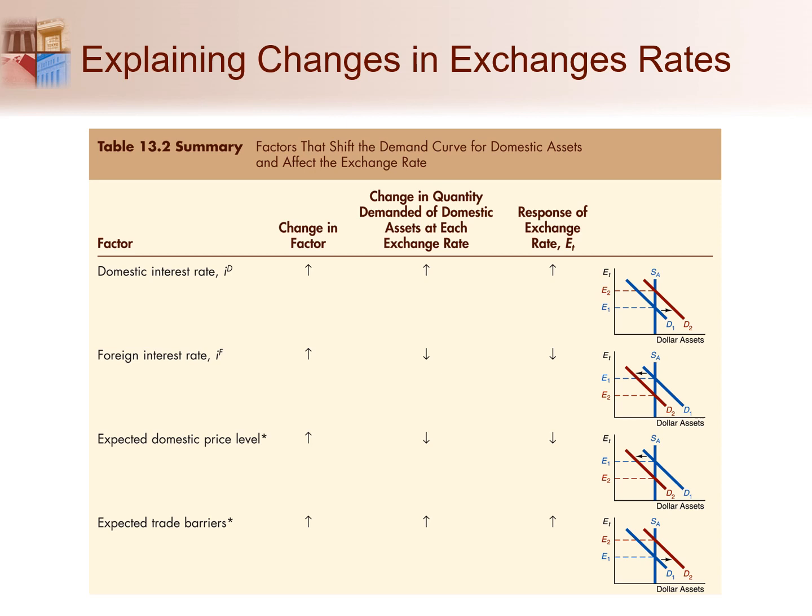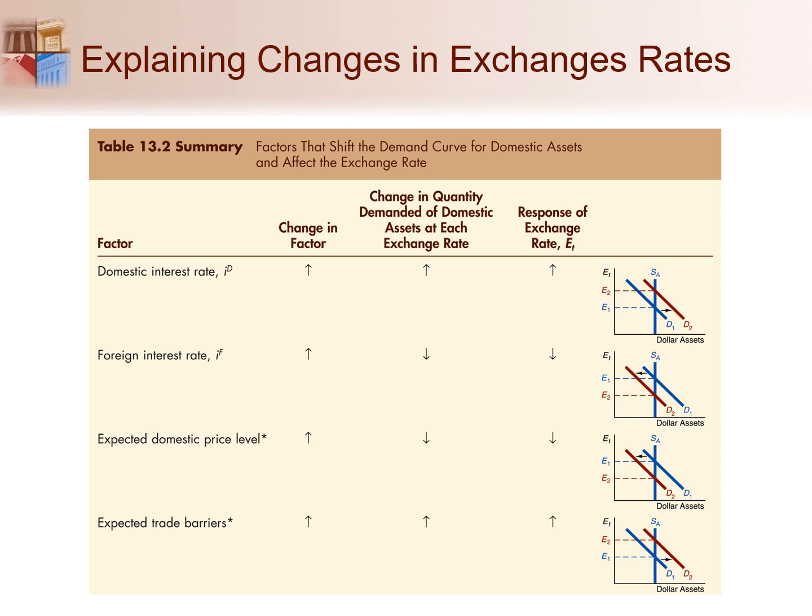Then when the domestic price level is expected to increase, it also has an impact, in that people want to hold fewer dollars, because there would be an expected depreciation in the currency.